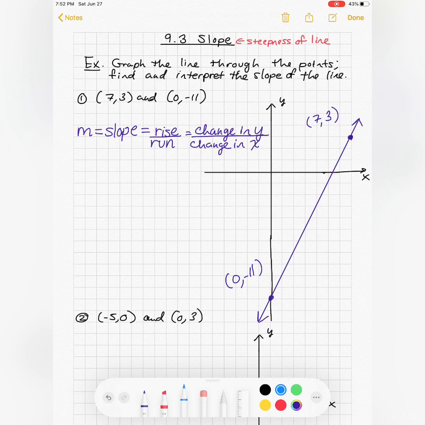So if you look at these 2 points, from the point on the left here to the point on the right, what is the change in Y here? As I go from point number 1 to point number 2, I've gone up by 11 plus 3. So 14.